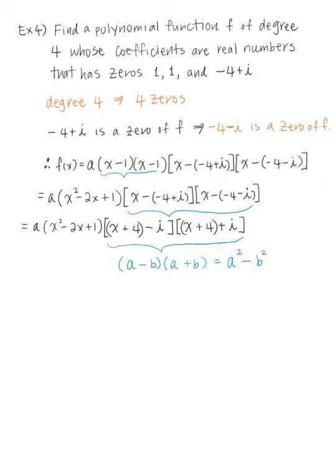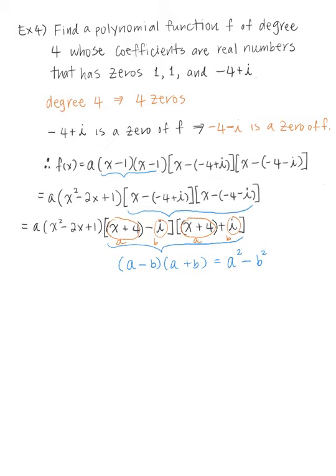Think of it this way: I am going to take this x plus 4 as our a, and then our b is going to be i. So you don't have to FOIL it out and deal with the nastiness. All I have to do is use that formula.